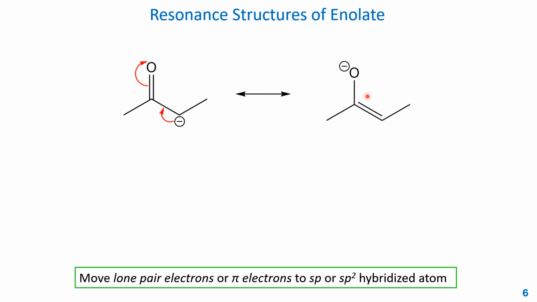That's also called an enolate. It's a good nucleophile. And then if you draw the average, this bond is between a single bond and a double bond. This bond is also between a double bond and a single bond. And this oxygen will be partial negative. This carbon is also partial negative. So that's the real structure of this enolate. Okay, that's the hybrid.